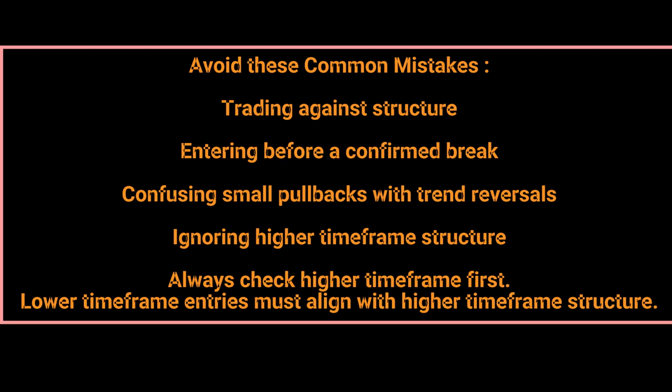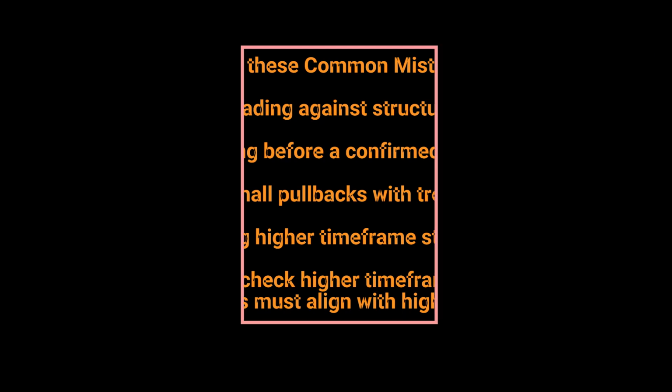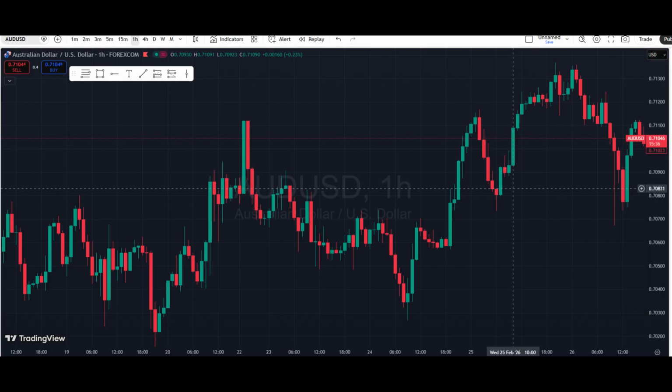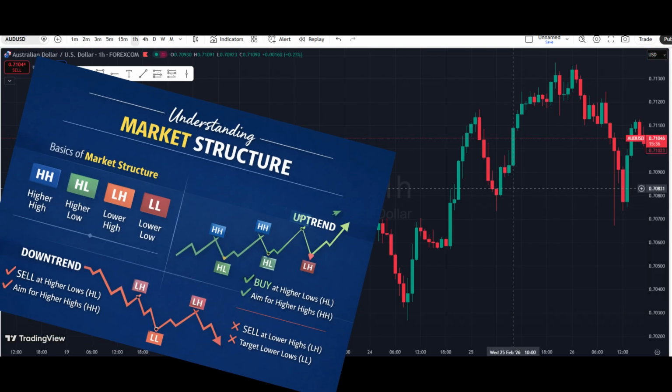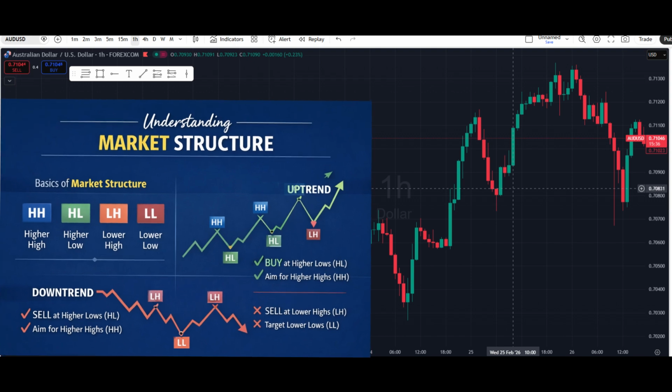Always check the higher time frame first. Lower time frame entry must align with your higher time frame structure. Remember this: in an uptrend, buy the pullbacks; in a downtrend, sell the rallies. When there is no clarity in highs and lows, please stay out of the markets.